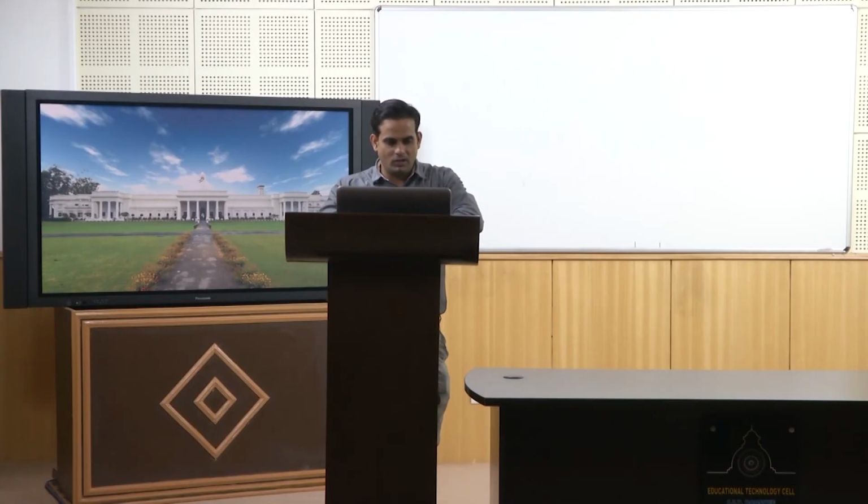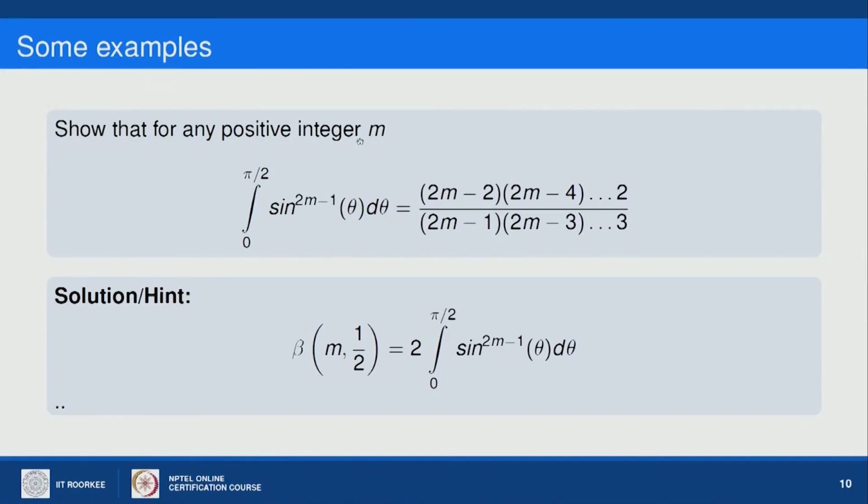Okay. A few more examples. So, for any positive integer m, integral over 0 to pi by 2 of sin theta raised to power 2m minus 1 d theta equals this particular thing, that is, in the numerator I am having 2m minus 2, 2m minus 4 and up to 2. In the denominator I am having 2m minus 1, 2m minus 3 up to 3. Now, how to solve it?